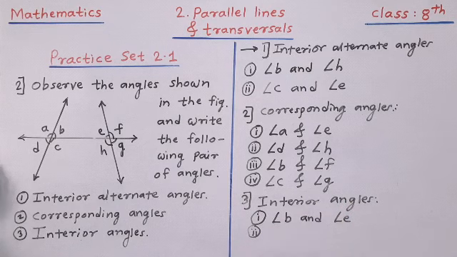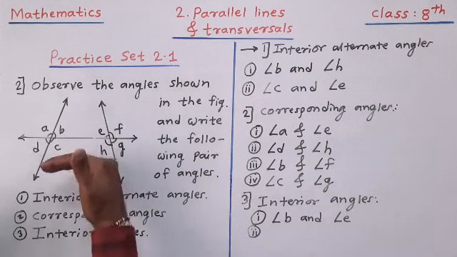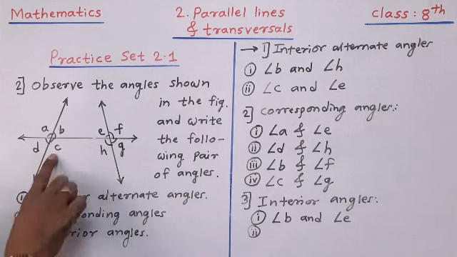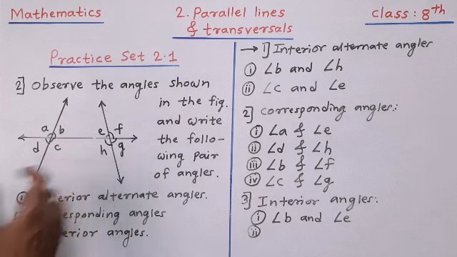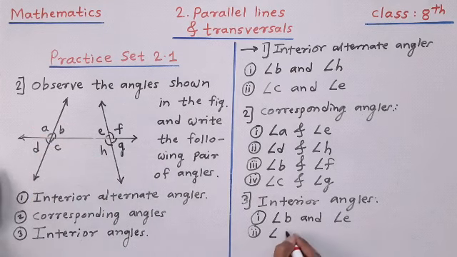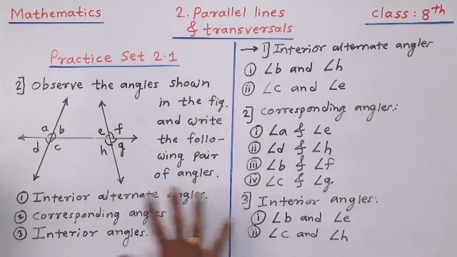The second pair is on this side of the transversal: angle C and angle H, within the lines on the same side of the transversal. In this way we can complete the question. Let us revise it again.